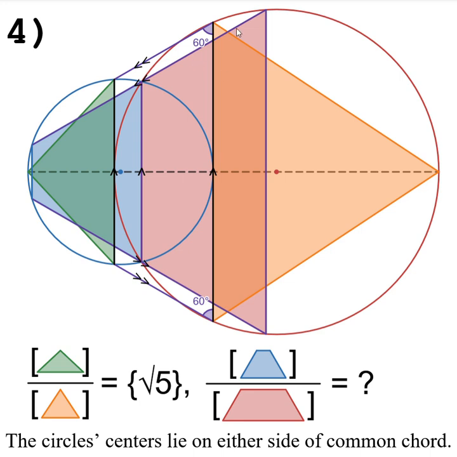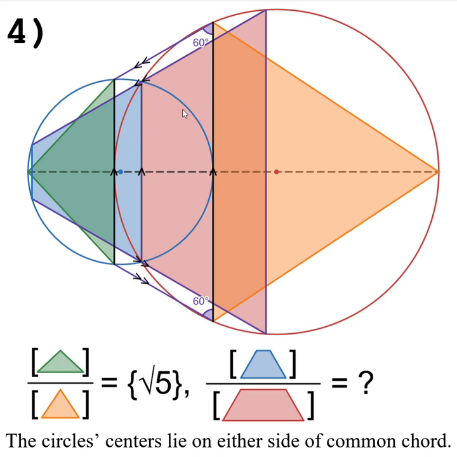So there are 2 circles intersecting such that the centers are on either side of the common chord, and then we have lines drawn parallel to the common chord, tangent to each circle, and then they intersect each circle at 2 different points, and that forms an isosceles trapezoid by symmetry, and these angles are 60 degrees according to the question.